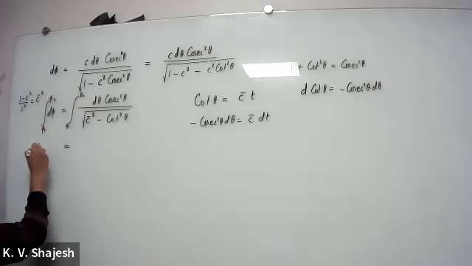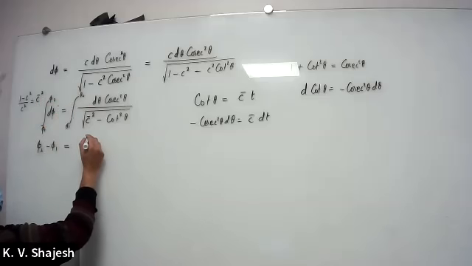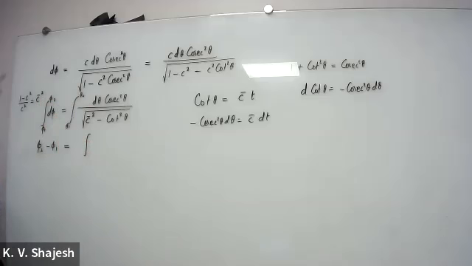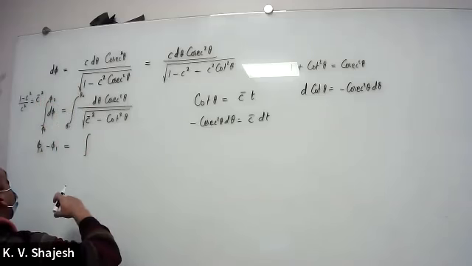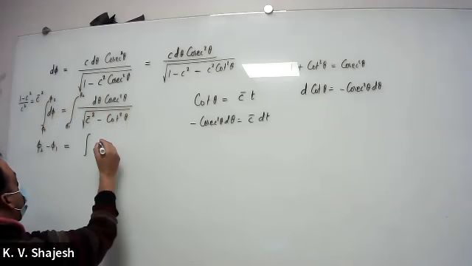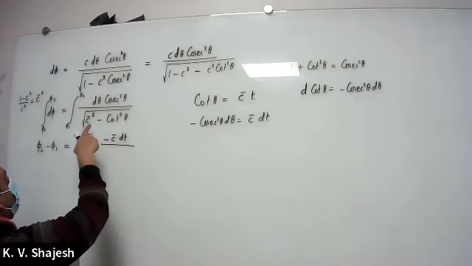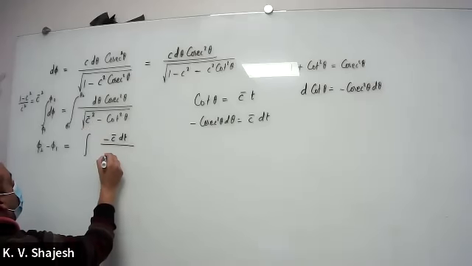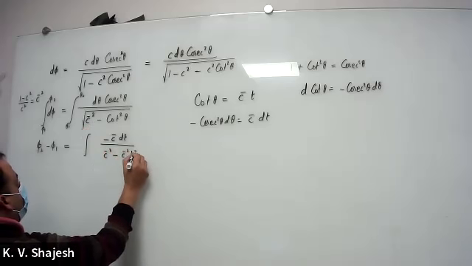So that's phi2 minus phi1, and this integral now goes from, we'll keep this indefinite for a moment. So this is cosecant square d theta is minus c bar e over c bar square minus c bar square square.